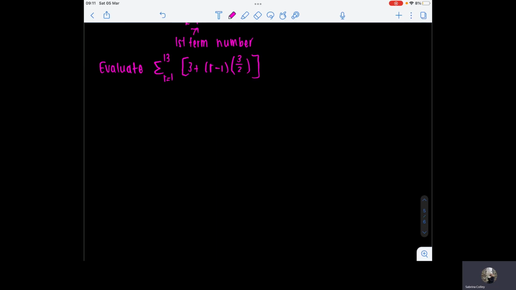But I first need to expand when I get a sigma notation question. So let's expand. My first term: I go 3 plus r minus 1 times 3 over 2, where r is my term number in this case. So I know it starts at 1, and my first term will be 3.